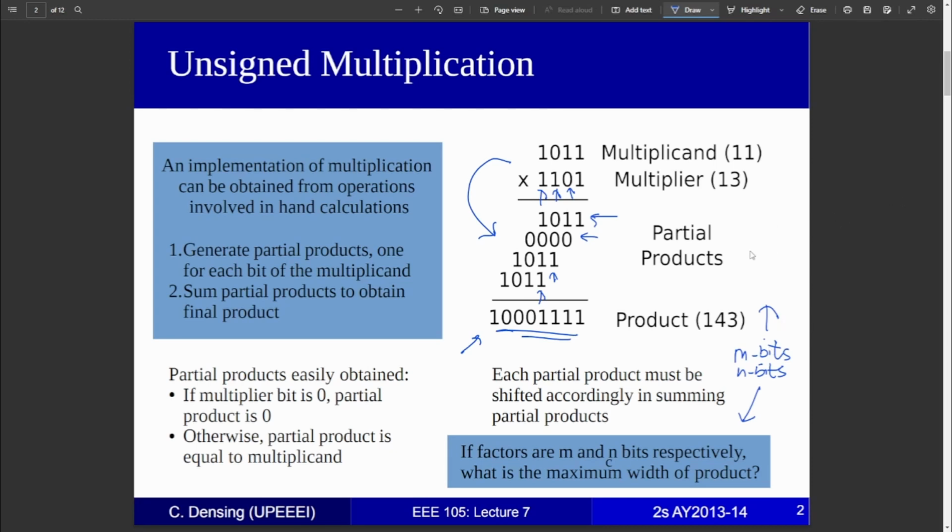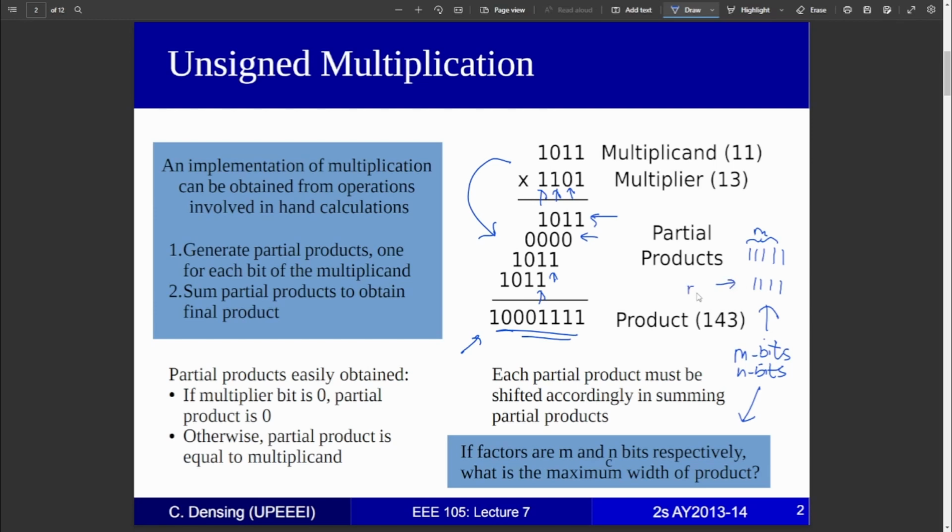So you can see that for an m bit number, the largest number that you can represent with it is a string of all ones that goes on for m bits. And then for an n bit number, the largest number that you can represent with it is a string of ones that is n bits. Note that this is the unsigned representation.